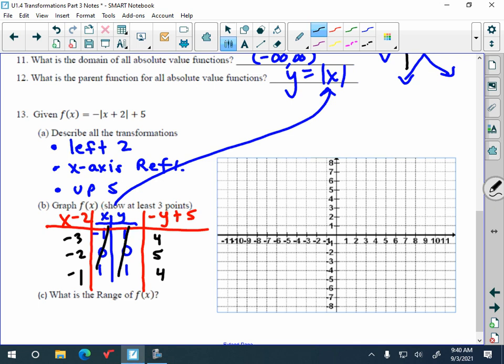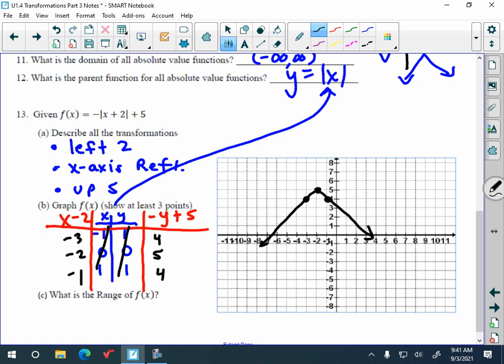All right, then plot those points. -3, 4, -2, 5, -1, 4. All right, so this is a reflected absolute value graph.